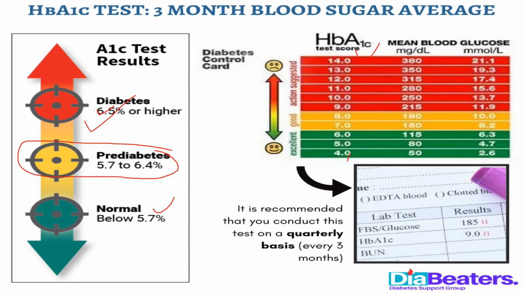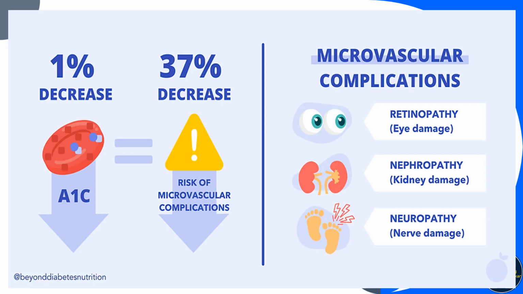So the different values of HbA1c and their equivalent blood glucose values are given in milligram per dl and also in millimole. A 1% decrease in HbA1c is equal to a 37% decrease in the risk of macrovascular complications, and a 1% rise in HbA1c increases glucose by 35 mg per dl.